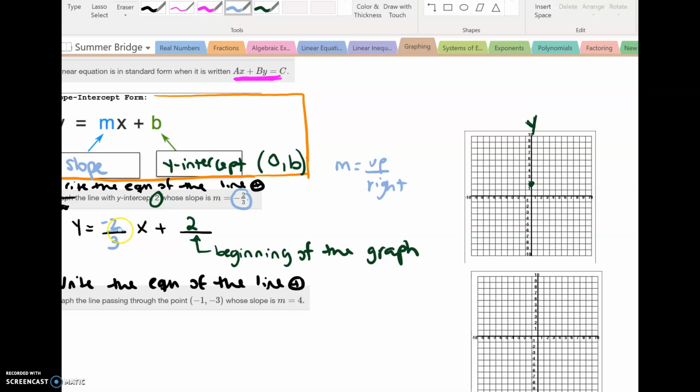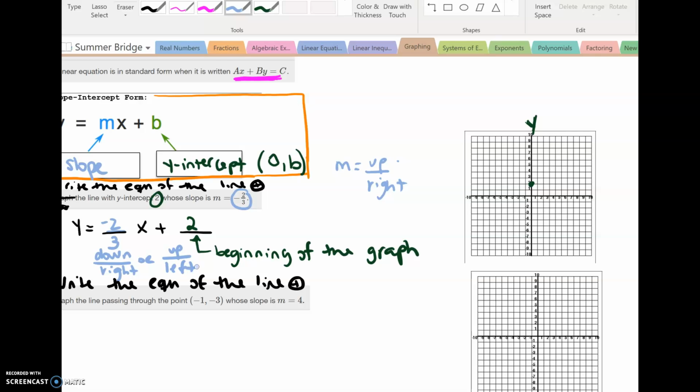So if I have a negative, that means to say either the numerator or the denominator, not both, is going to change directions. So we are having negative 2/3. So I'm going to go down and then to the right. Or I can go up and to the left.